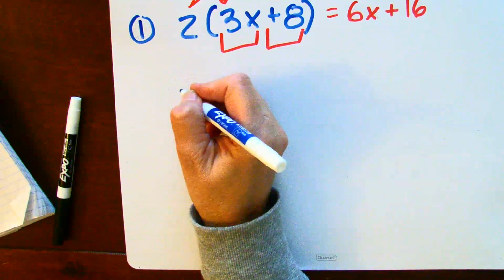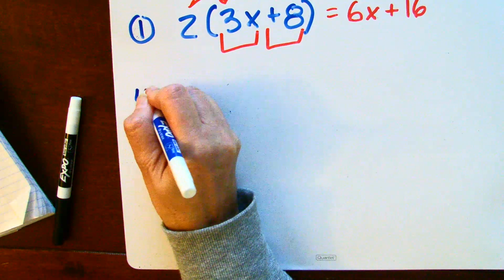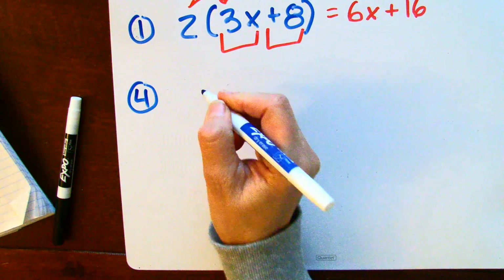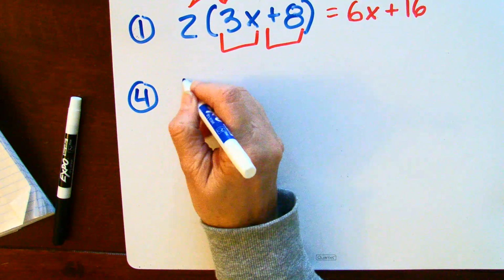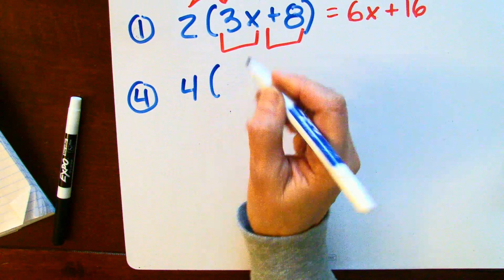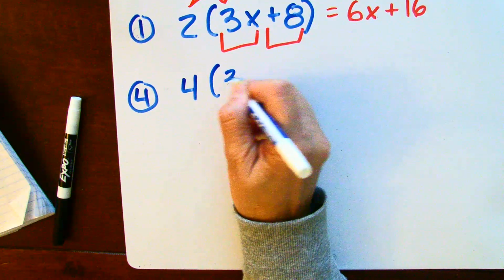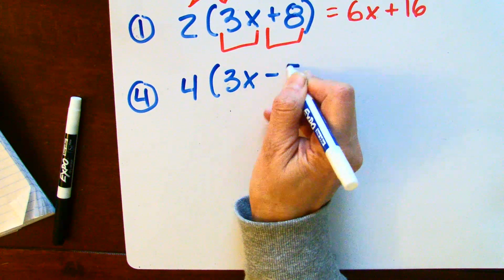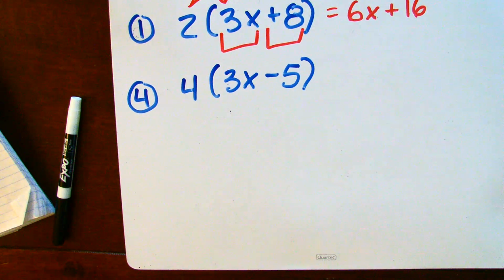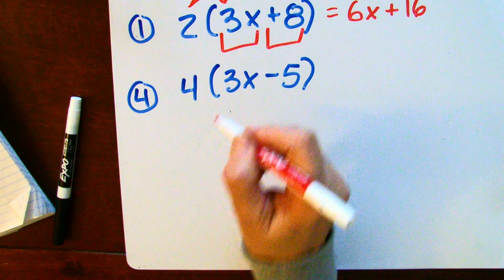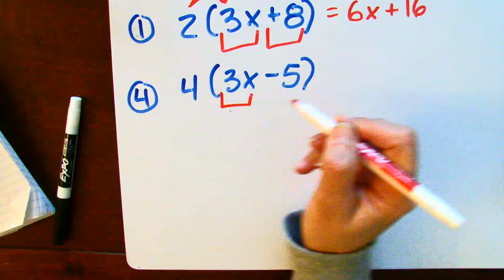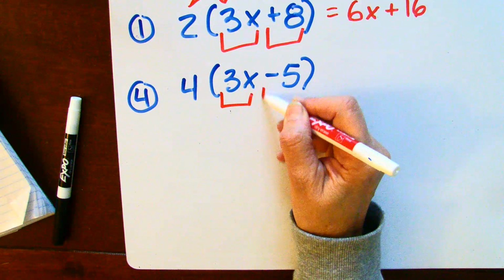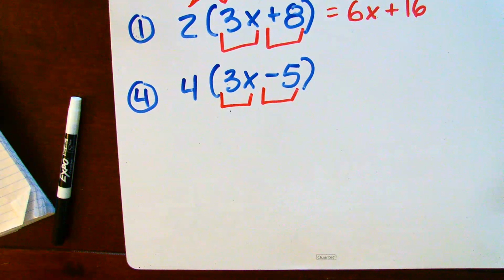Now, let's do some subtraction problems. Let's say we have 4 times 3x minus 5. Again, we have a coefficient with x, and this is really a negative 5.